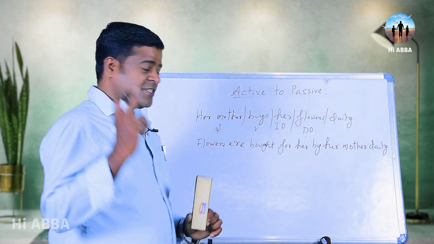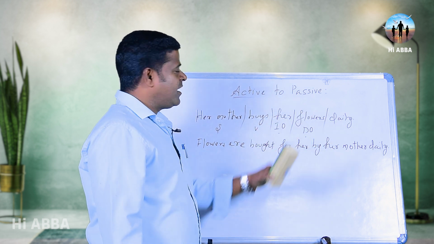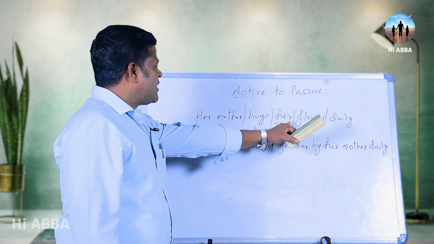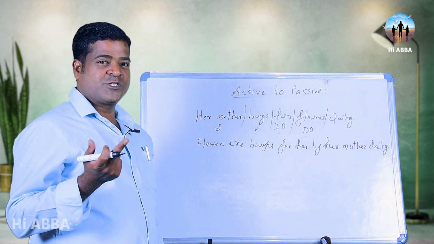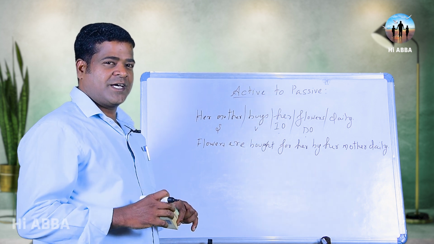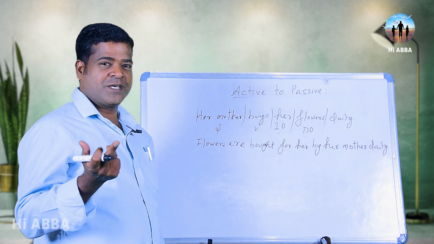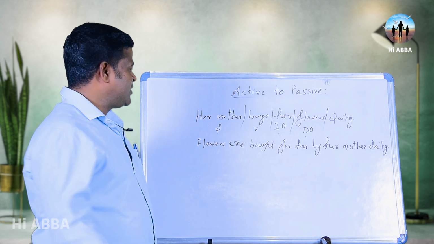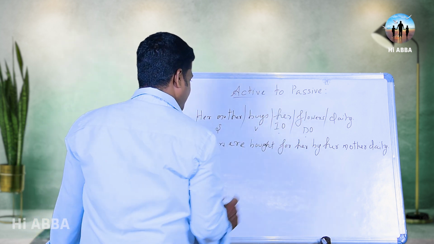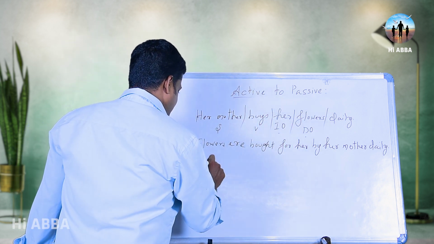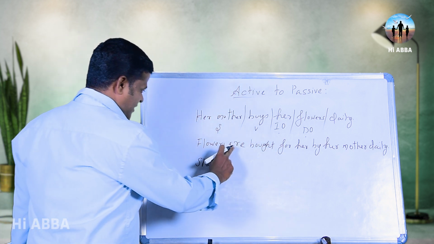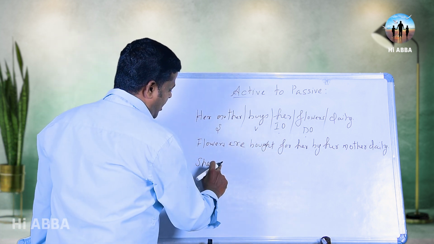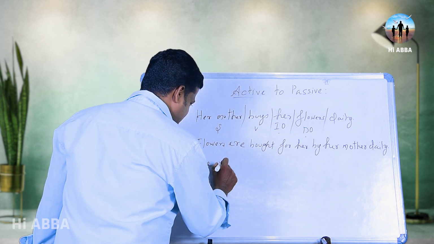Now again consider another important point. Her is there. So the her has to become subject. We cannot write her as a subject. So what is the pronoun related to her? It is she. Third person singular, she. So she is becoming the subject, and again we are not going to write are, we are going to write is.